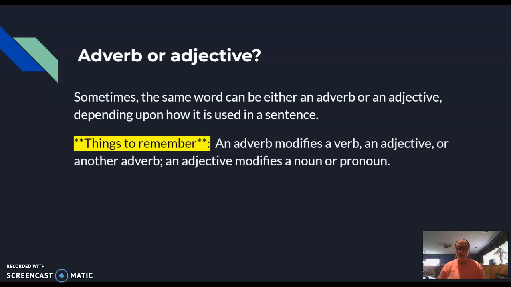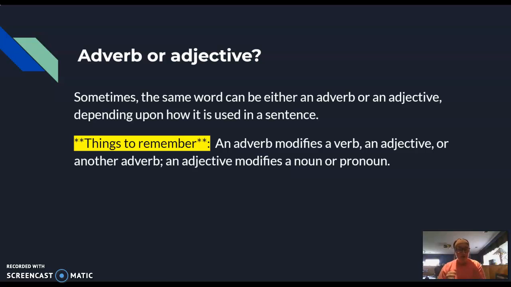So it's important to remember anytime that you are trying to distinguish between two parts of speech, it's just knowing the definition or how that part of speech is used, right? And that's something I've been really drilling into throughout the entirety of the adjectives unit and with this adverbs unit. An adverb modifies a verb, adjective, or another adverb. An adjective modifies a noun or a pronoun.